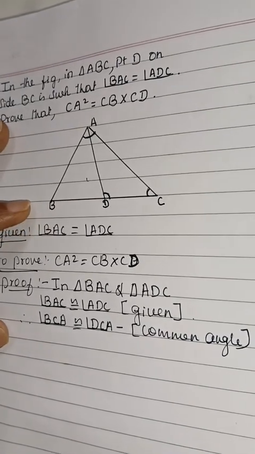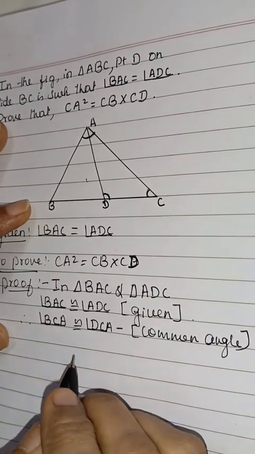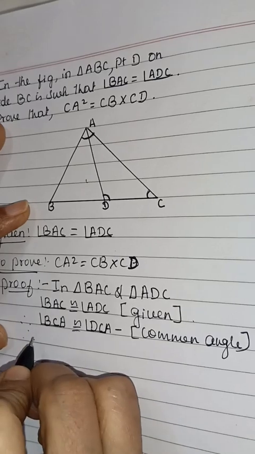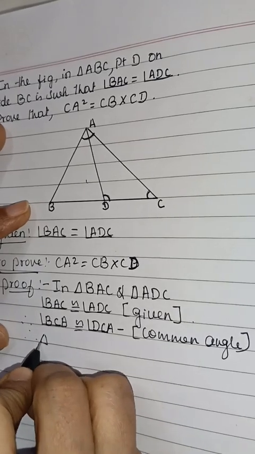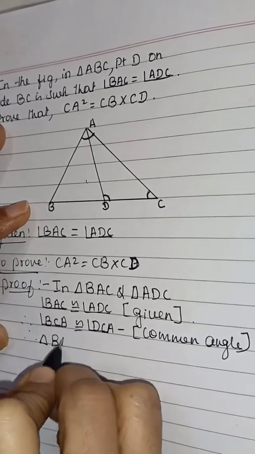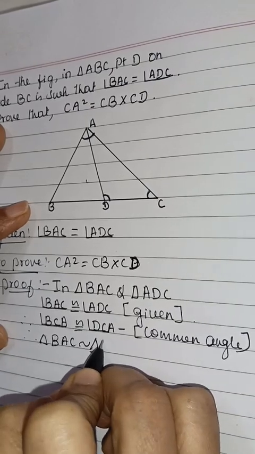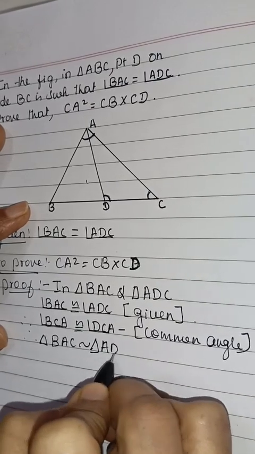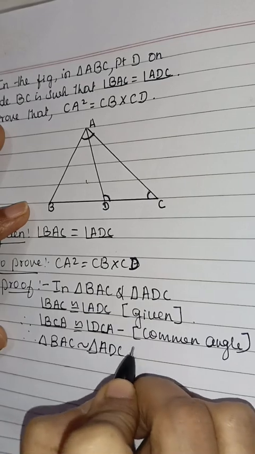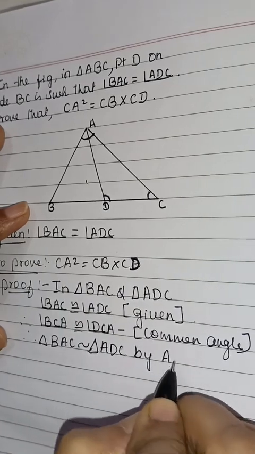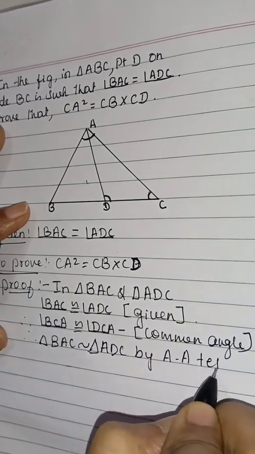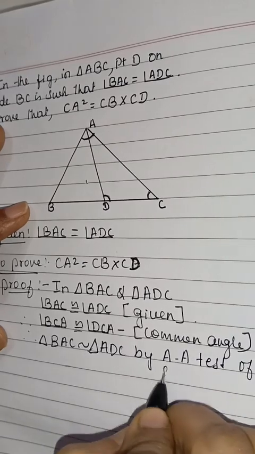Therefore triangle BAC is similar to triangle ADC by angle test of similarity.